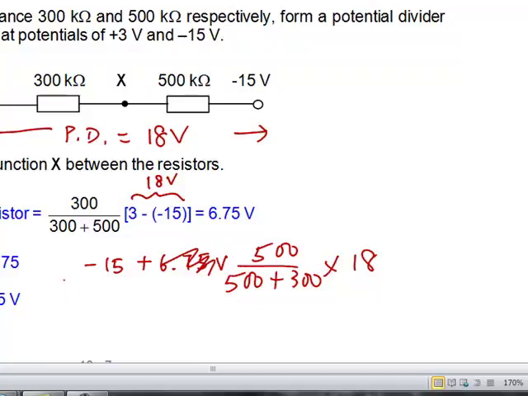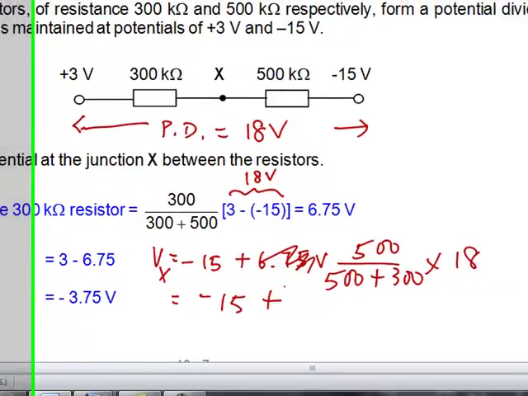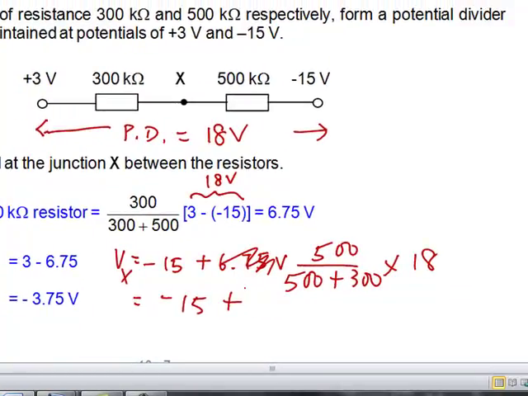Okay, that's another way of calculating the potential at X. Minus 15 plus 500 over 800 times 18, and that gives you 90 divided by 8, 1.125.